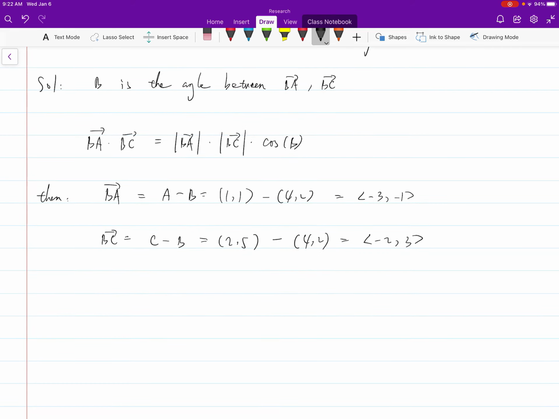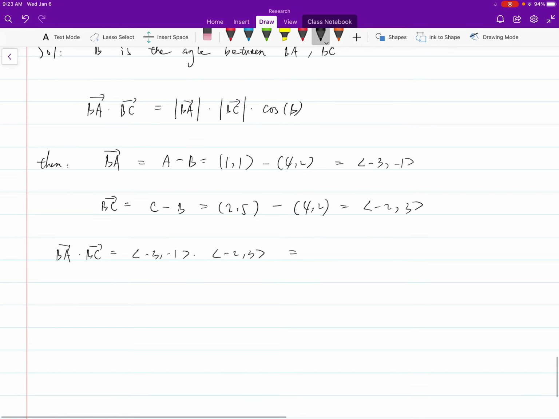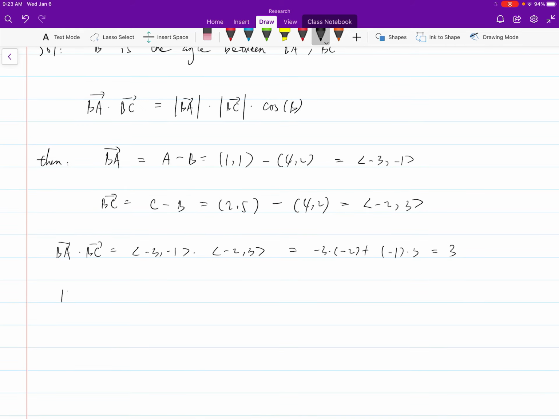Okay, then what is BA dot BC? That's going to be (-3, -1) dot (-2, 3), which gives you -3 times -2 plus -1 times 3, 6 minus 3, which is 3. Okay, that's the one. But how long is BA?